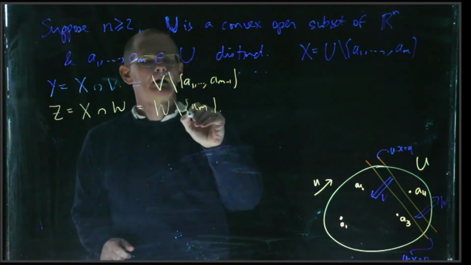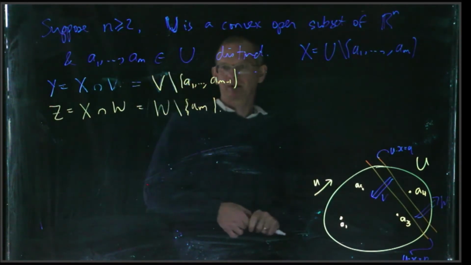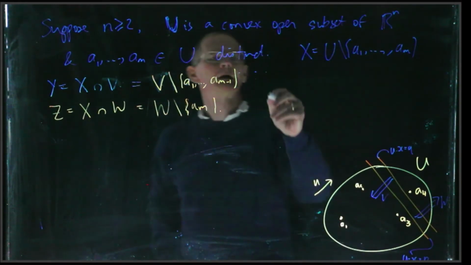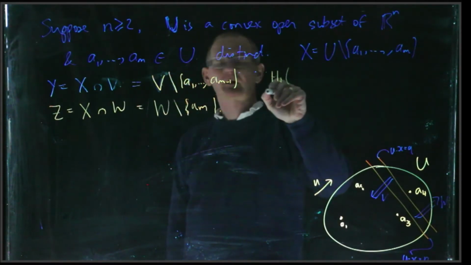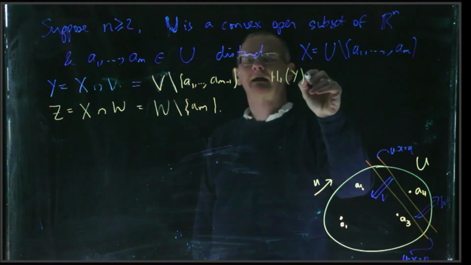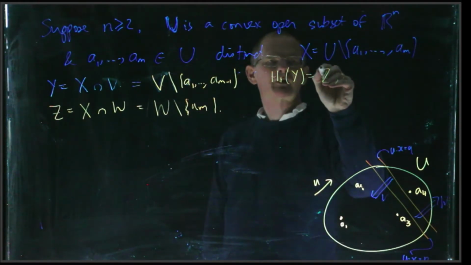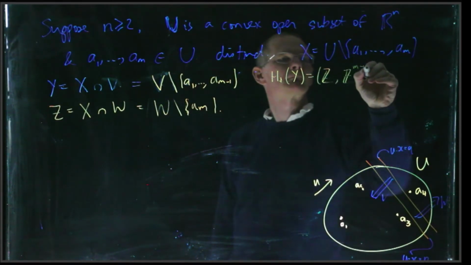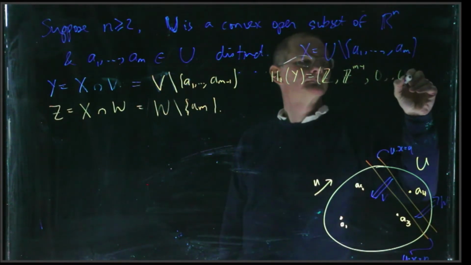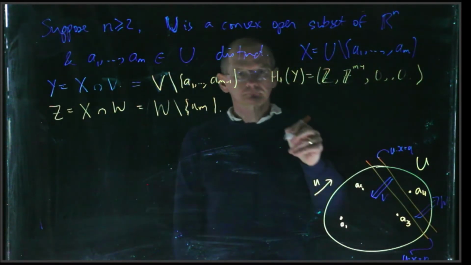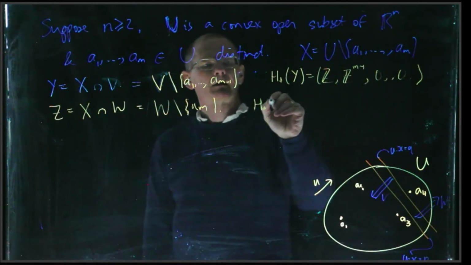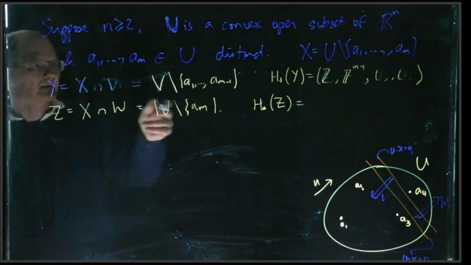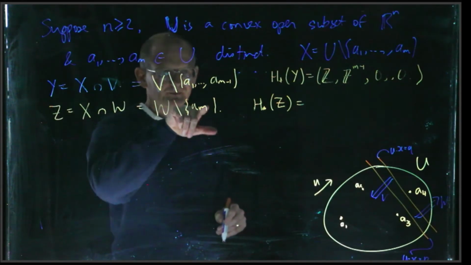And we're working by induction. Remember, V and W are both convex open sets, so the induction hypothesis is applicable to these. So by the induction hypothesis, we know that H star of Y is Z in dimension 0 and then Z^(m-1) in degree n minus 1, and zeros elsewhere. And similarly the homology of this Z. This is just the m equals 1 case: take a convex open set and remove a single point.